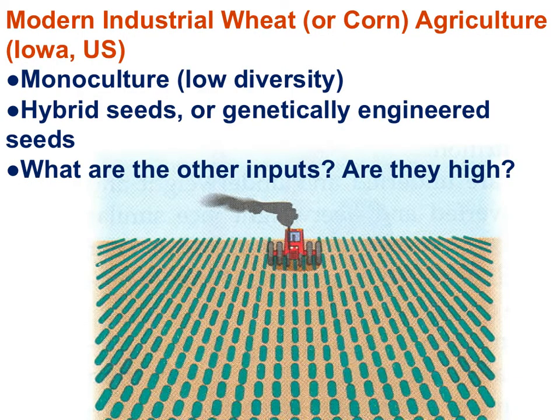So let's start with some system characteristics of the industrial commercial farm, typical of a wheat or corn farm in the U.S., say in Iowa. This is a monoculture of low diversity. Hybrid seeds or genetically engineered seeds would be used, and this image hints at all of the other inputs, and there are lots.